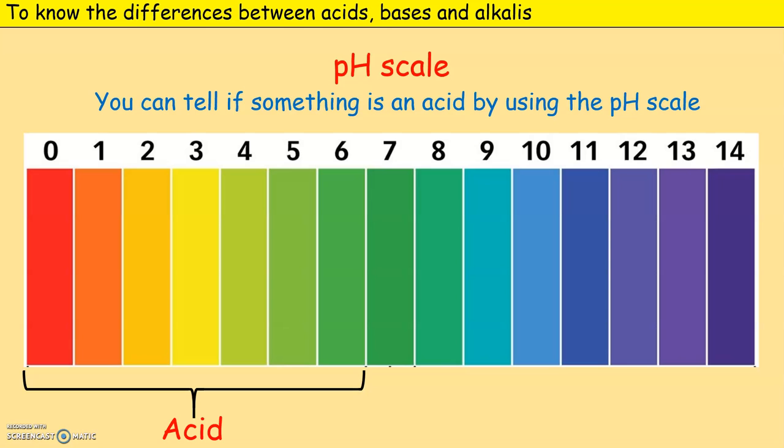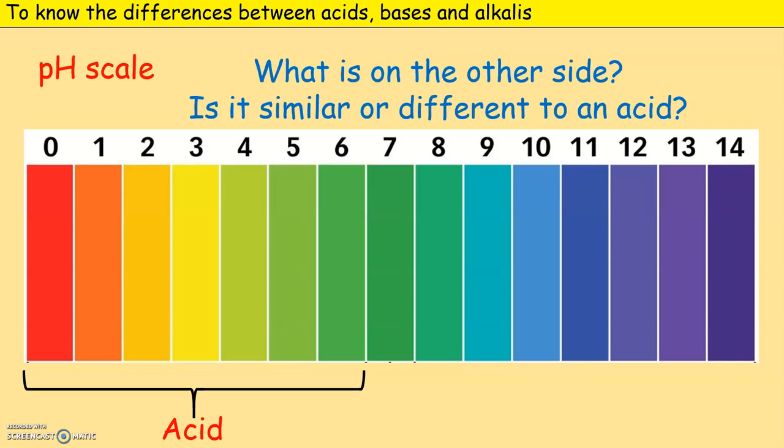From 8 to 14 is alkali. And the question is, what's happening to 7? Now, 7 is neutral. An example of something neutral is water. Water technically has a pH of 7.